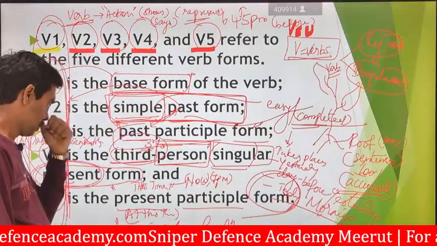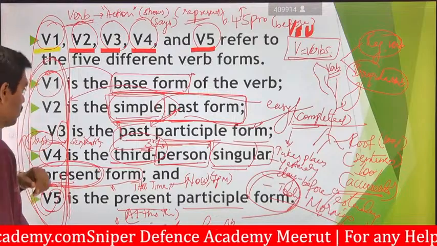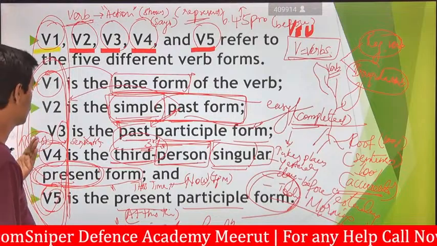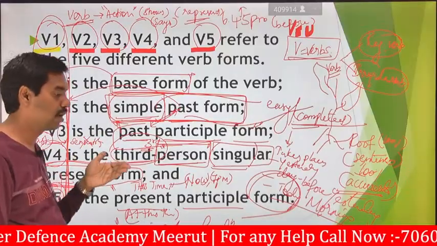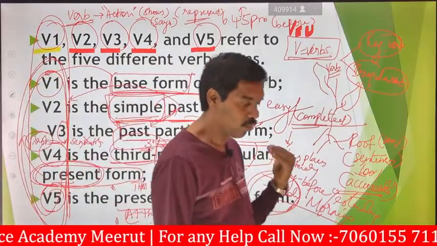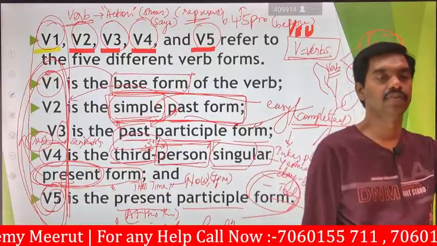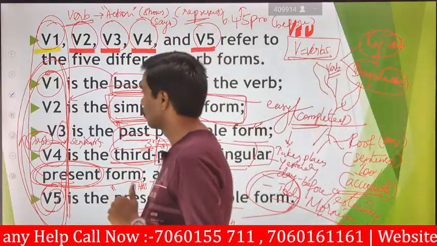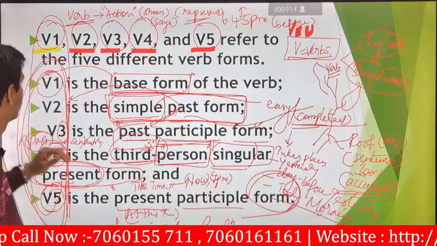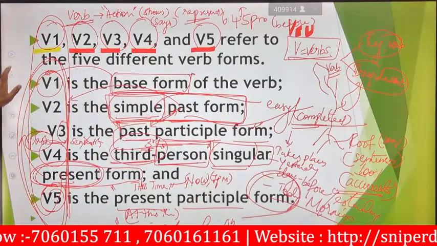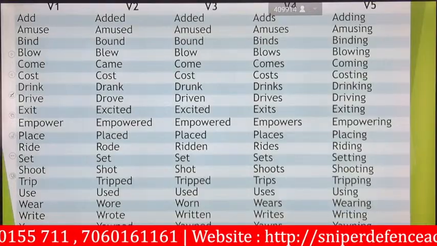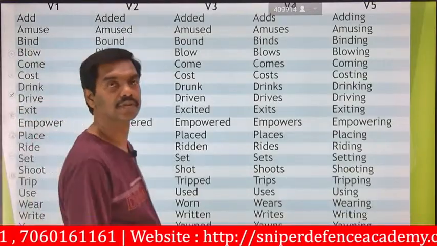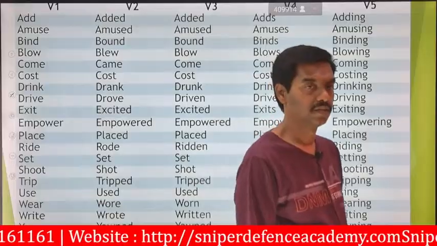Okay. In the previous class we studied all the forms, and now we are studying why we say V1, why we say V2, why we represent V3, V4. Okay. So next we will see some examples.